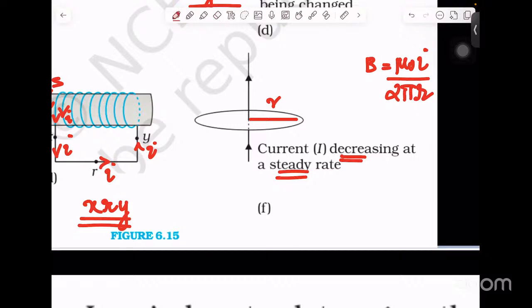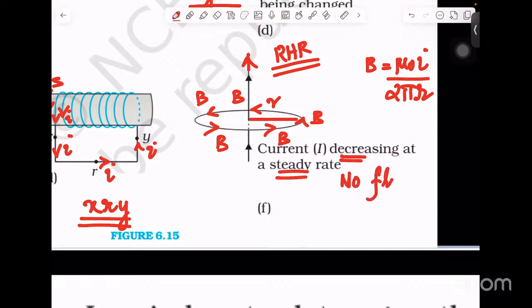But if you see, if this is a current carrying wire, then from the right hand rule, the magnetic field is actually in the plane of the ring only. Okay, the magnetic field is actually in the plane of the ring.